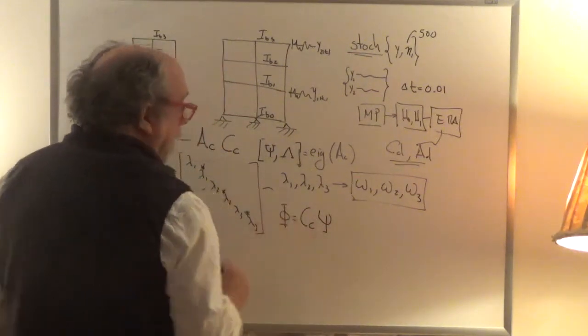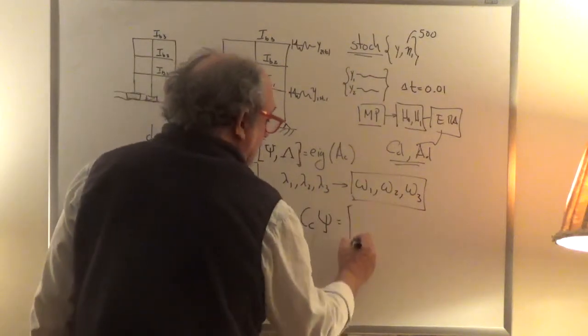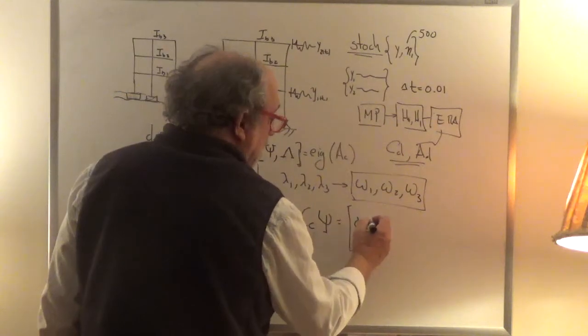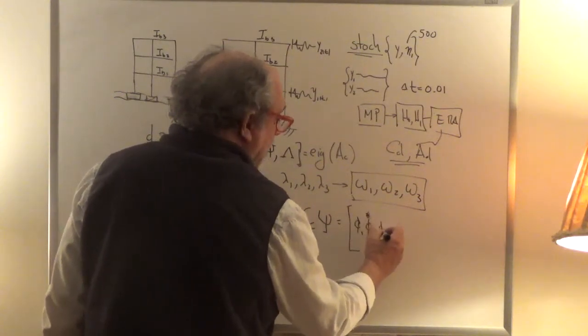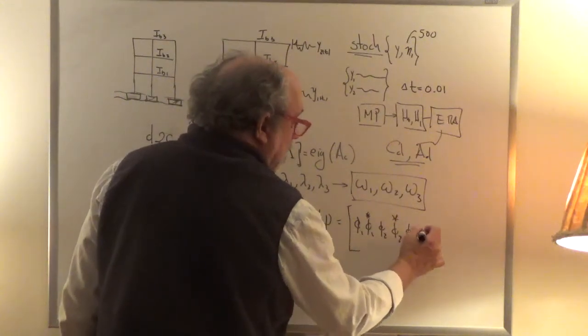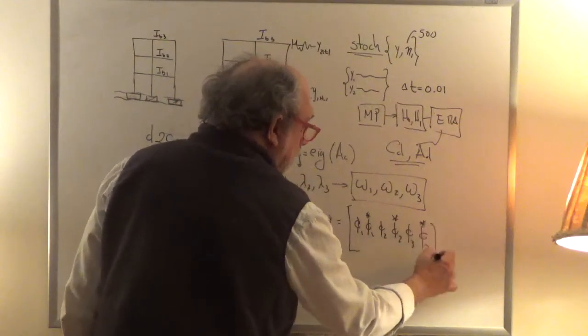And what you will find is that, because there were 3 of them, you'll have phi 1 conjugate, phi 2 conjugate, phi 3 conjugate.